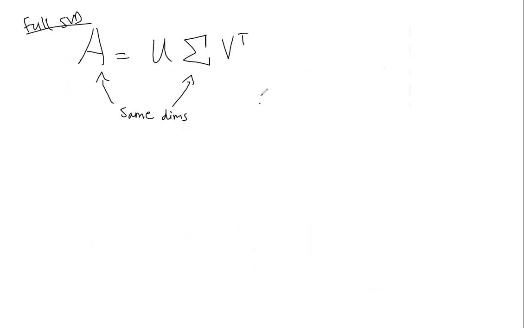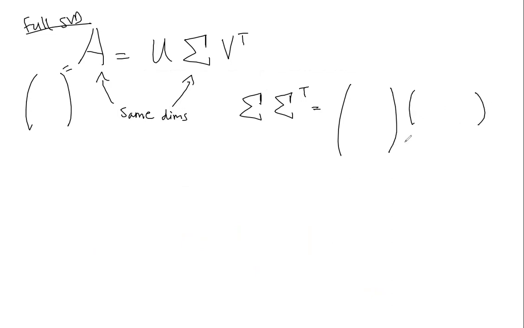So when you do sigma transpose, let's say A is some big matrix like this. You're still going to get a big diagonal matrix. Let's say this is sigma 1 through sigma r, and then the rest are 0.